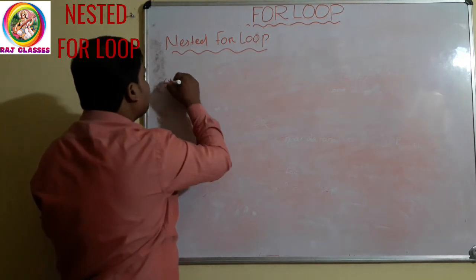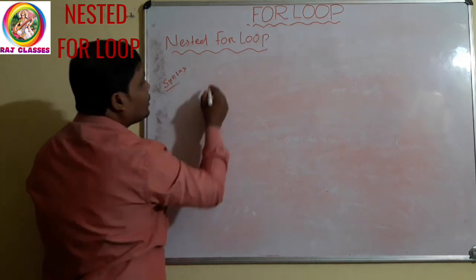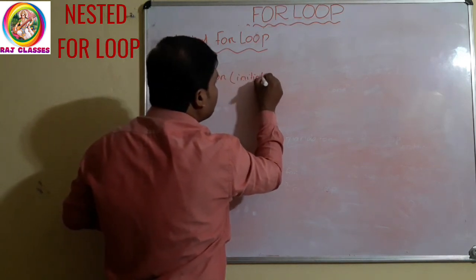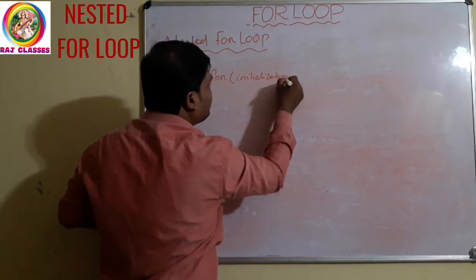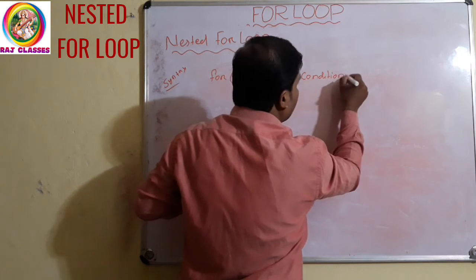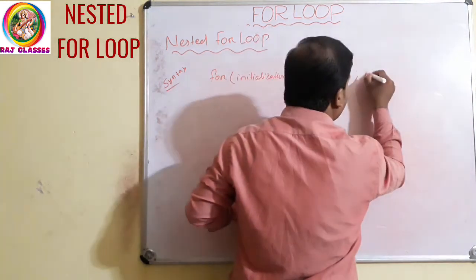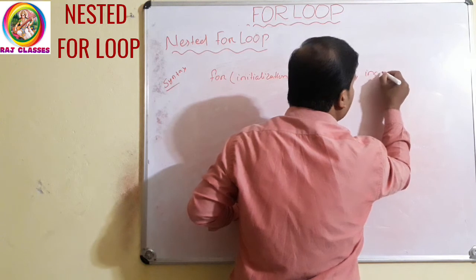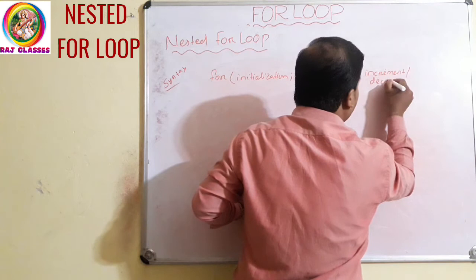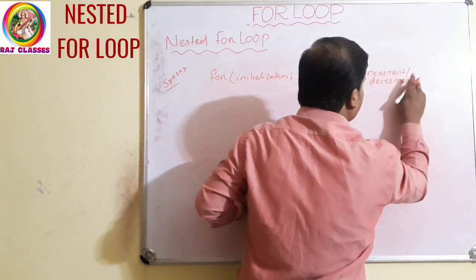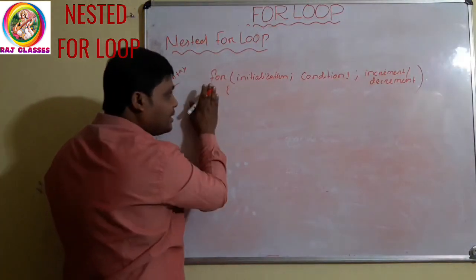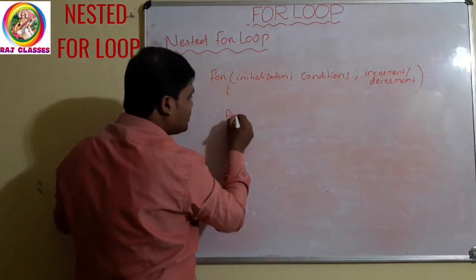Just see the syntax. For initialization, then this is the condition part, suppose condition 1. This is the increment or decrement part. Then inside this for loop, suppose another for loop is there.